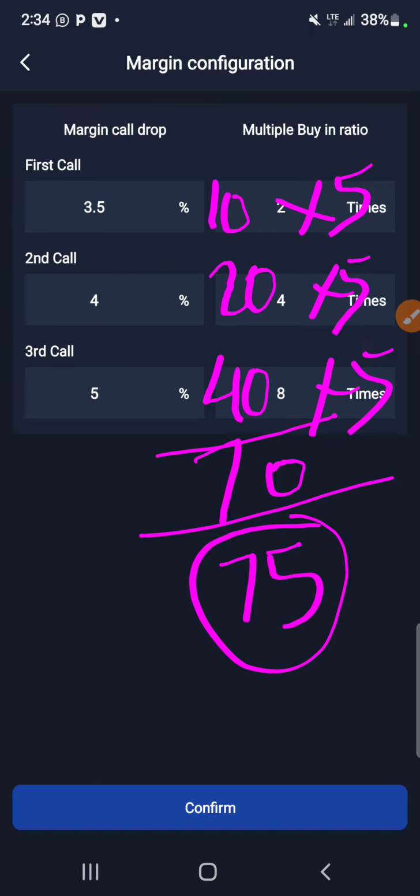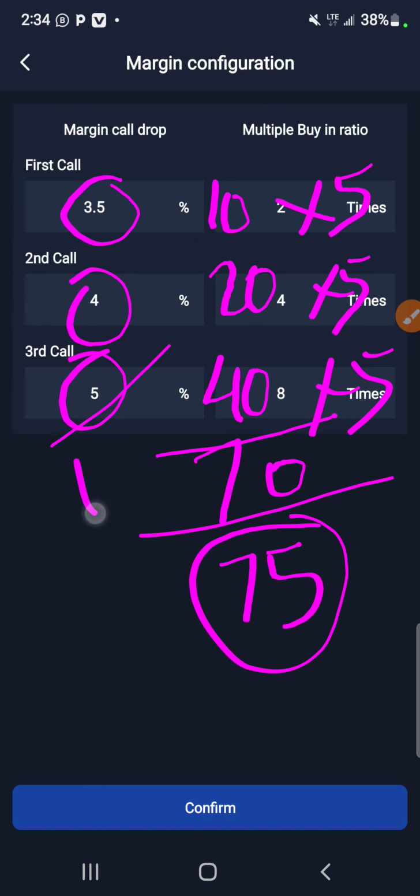Now, this drop, you can increase or you can leave it the way it is. When you add it together, it is around 12%. Are we together? Meaning, only $75 will cater for 12%.